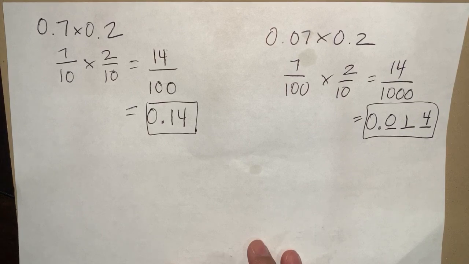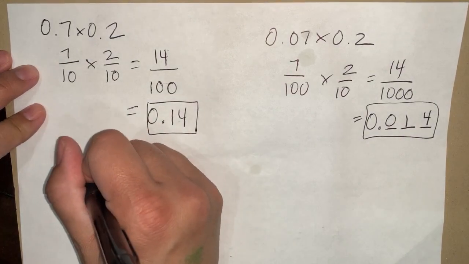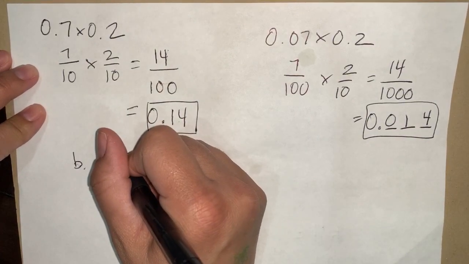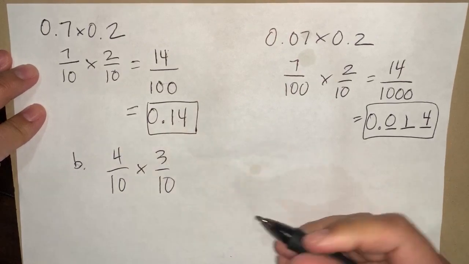Okay, so on the problem set, you're going to go ahead and do the models. Okay, color in each column, so 1/10. I'll go ahead and do B on the problem set. So you've got 4 tenths times 3 tenths.